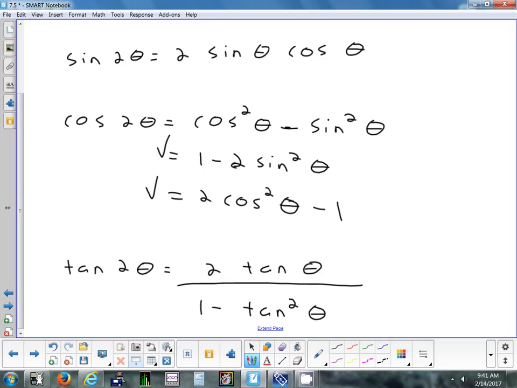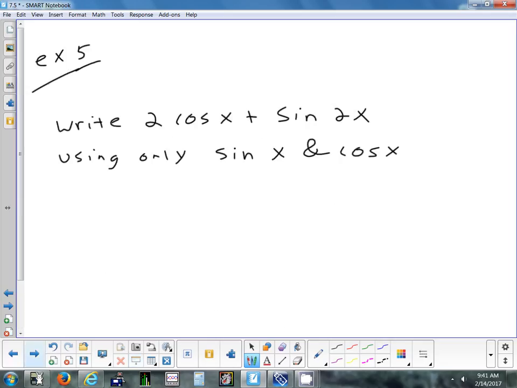Okay, so what are all these identities called again? These are double angle. Yep. All right, so in the last problem, all I want to do here is take and rewrite what I have using sine and cosine. I don't want to have a 2 next to the x.